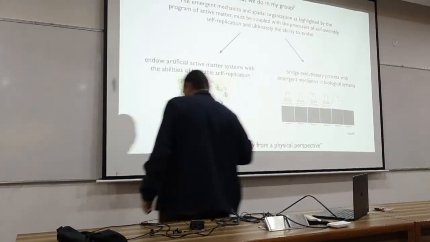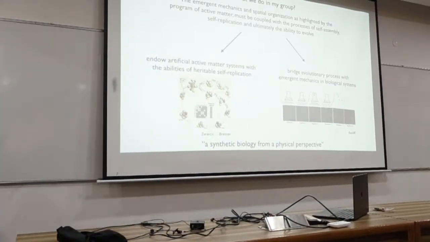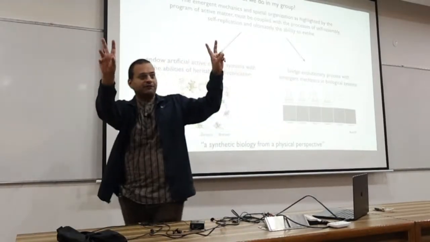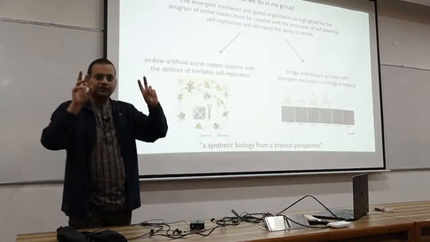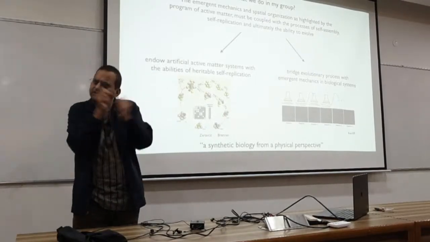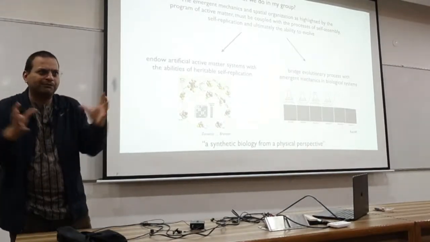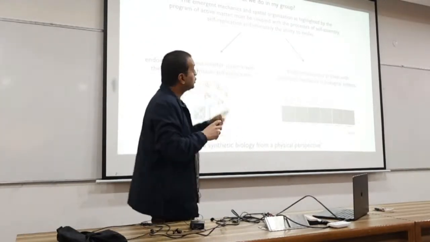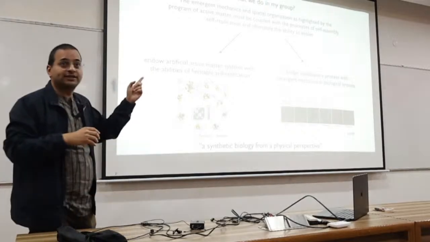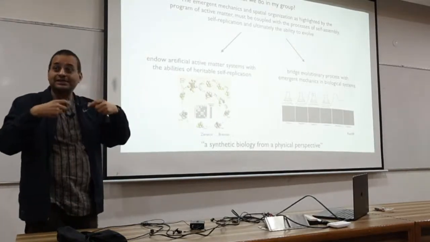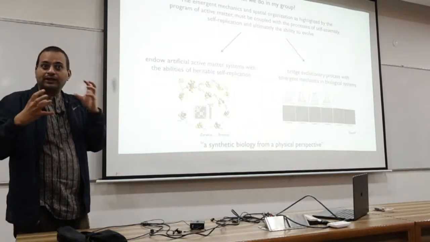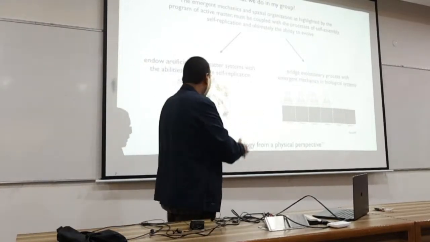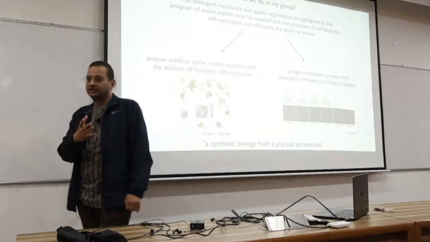So my lab at NCBS takes this viewpoint. We want to take this field of active matter I told you about. What it's giving you is mechanics, because it's giving you things that are moving, interacting, clumping, grouping, forming. So we are trying to combine that aspect with this aspect of replication, assembly, and so on, basically evolution, and asking, can I drive things into what I call a synthetic biology from a physical perspective?